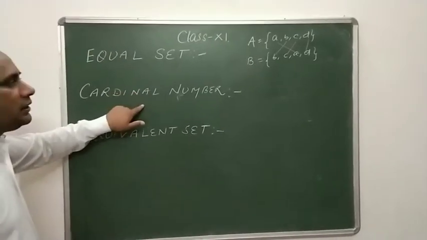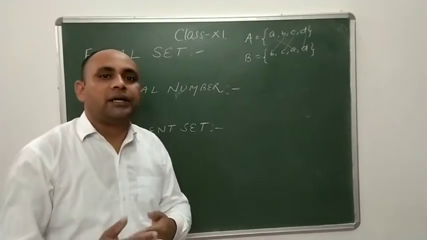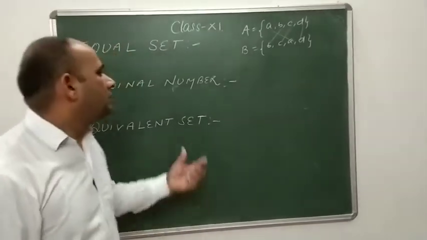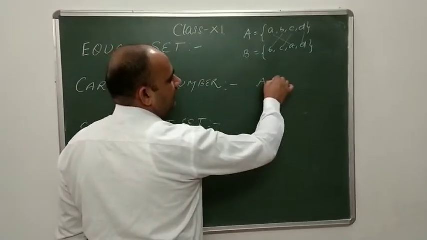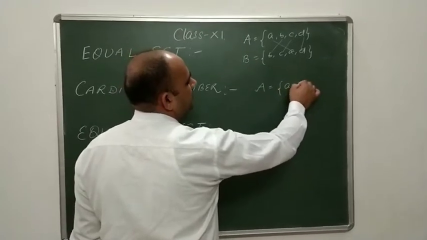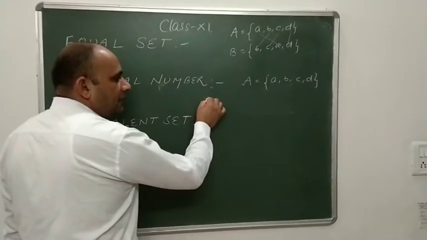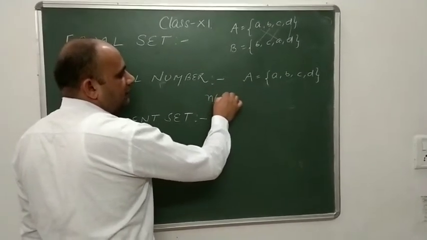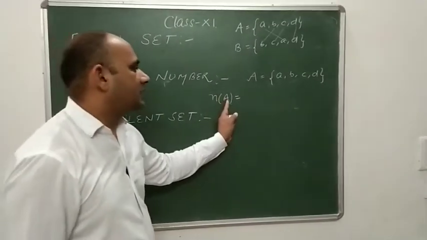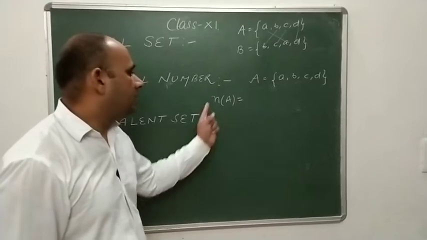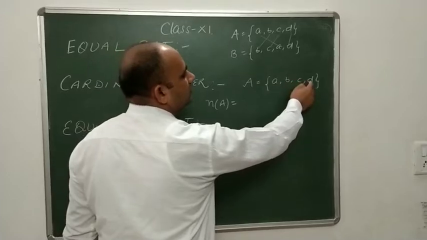After equal set, cardinal number. You know in mathematics, ordinal number, cardinal number. So what do you mean by cardinal number? Number of elements. Suppose A has A, B, C, D. Then the cardinal number is denoted by n(A). n(A) means the number of elements in set A: 1, 2, 3, 4.